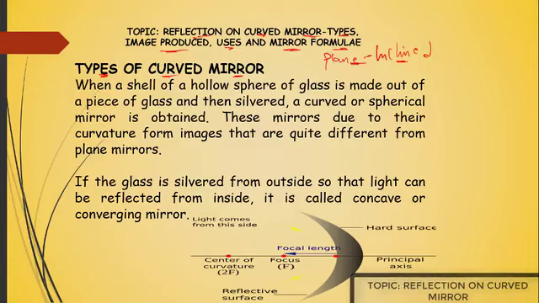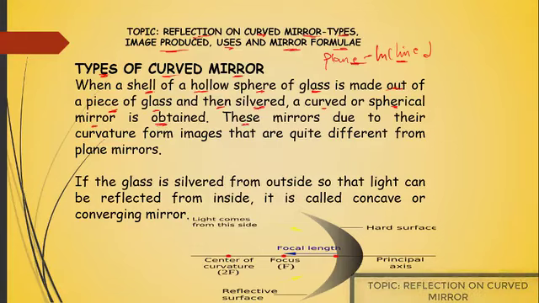Now, when a shell of a hollow sphere of glass is made out of a piece of glass and then it is silvered, a curved or spherical mirror is obtained when it is silvered or coated at the back.